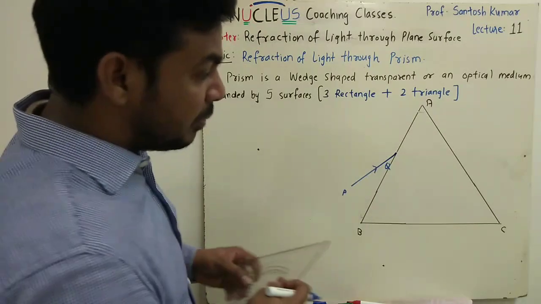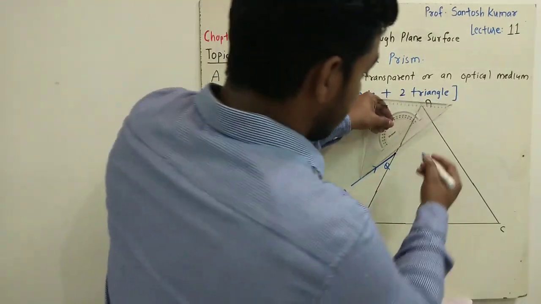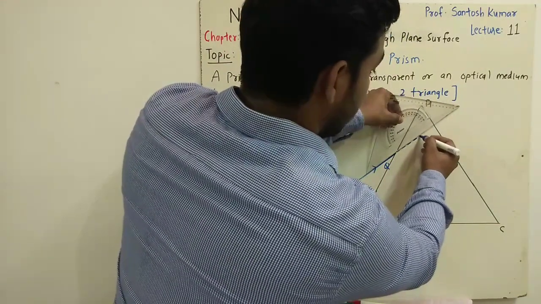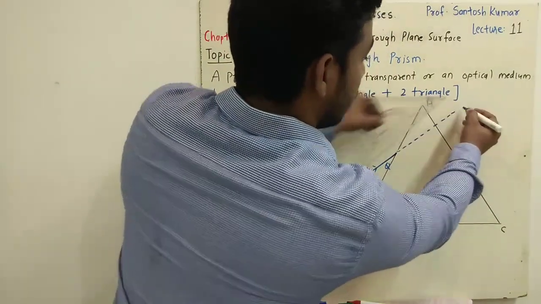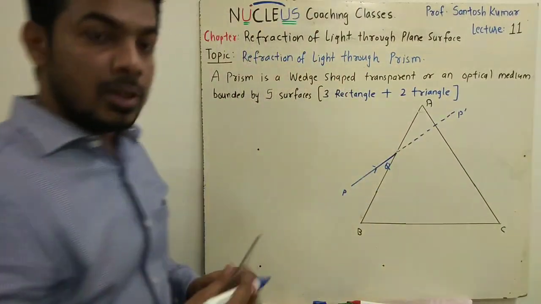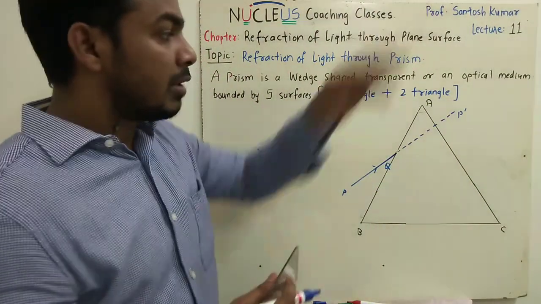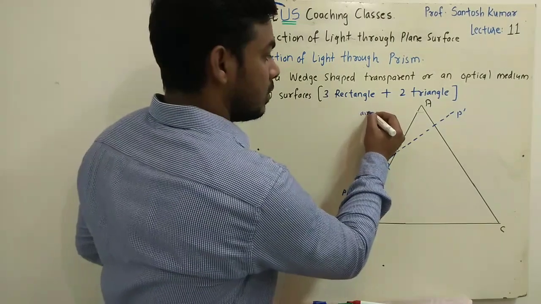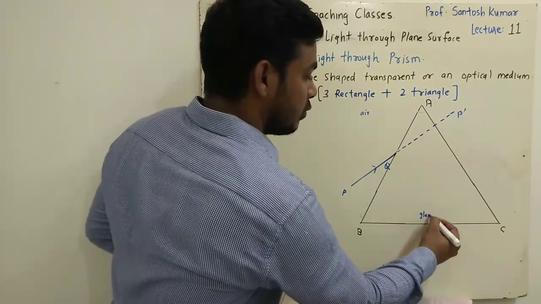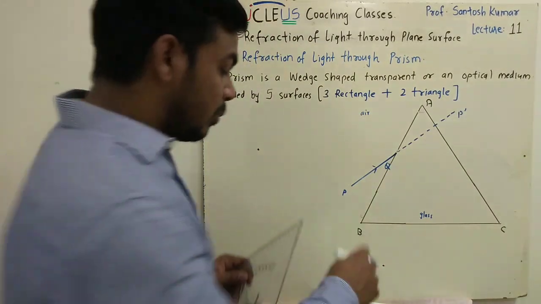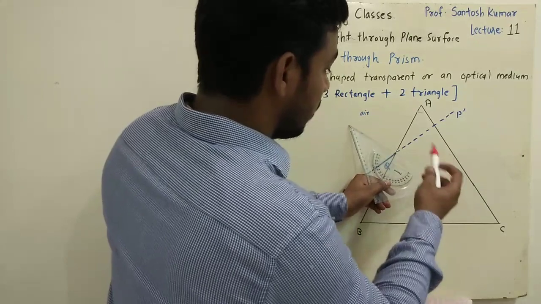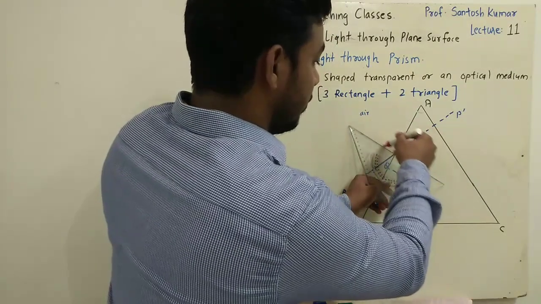If the prism was absent, the light would have travelled along a straight path, which I would name PP dash. So in the absence of the prism, the light would have travelled along PP dash. But now it is travelling from air to glass, that is from rarer to denser. At the point of incidence, we should draw a normal. So I have to draw the normal over here at the point of incidence.